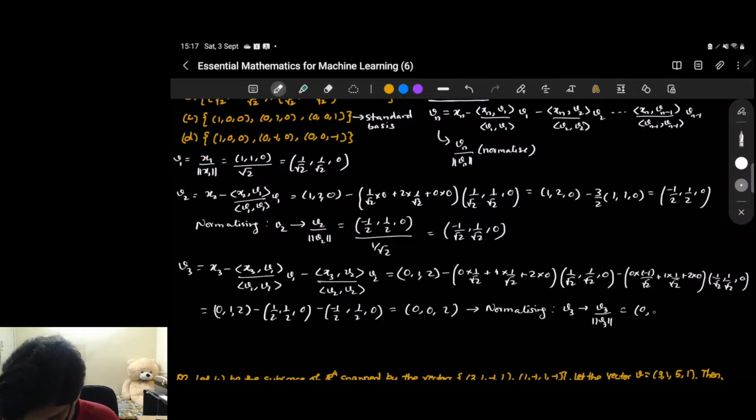So this is 0, 0, 1. So our orthonormal basis that we have formed is the set V1, V2, and V3, which is as follows: the normalized vectors.